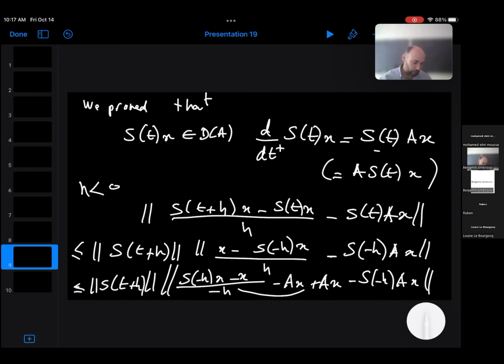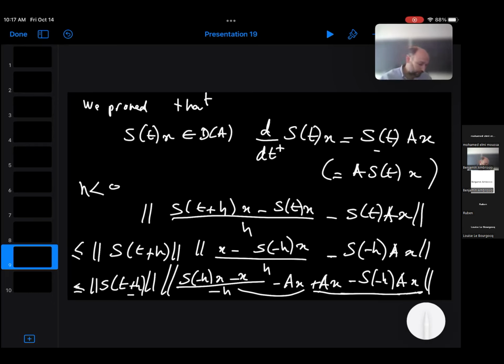Also, this is going to converge to, also because S is continuous, and AX, so this converges also to 0, by definition of a C0 semigroup.